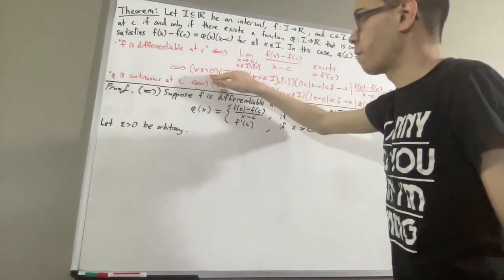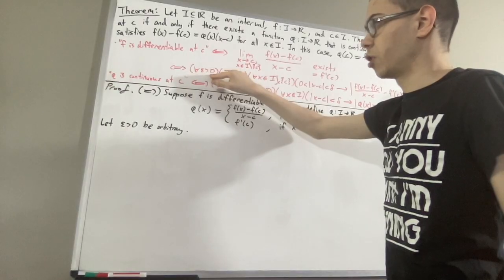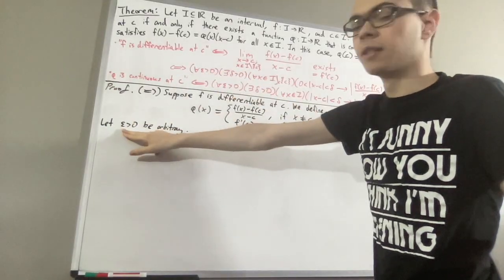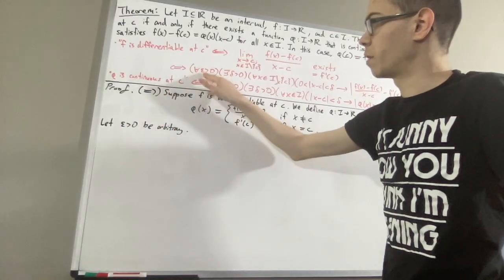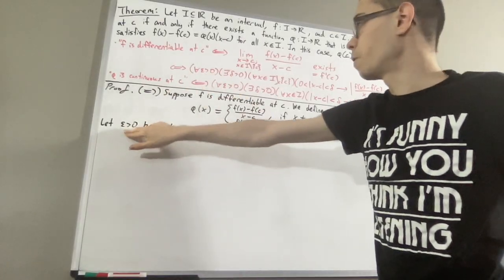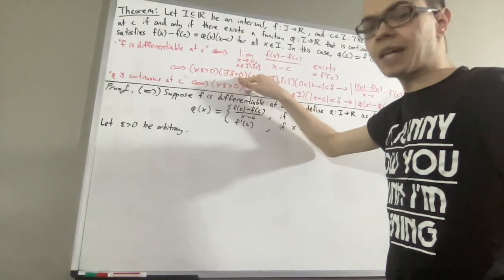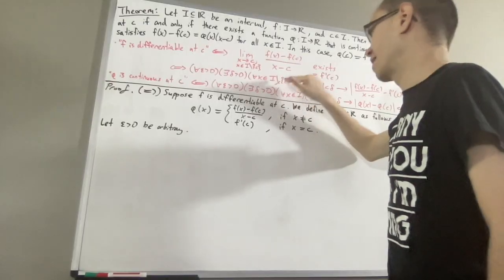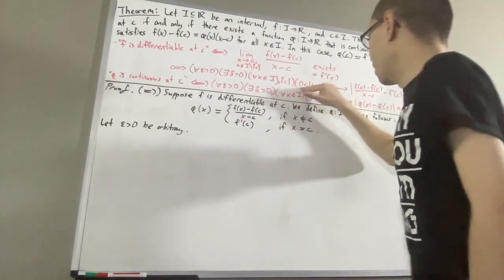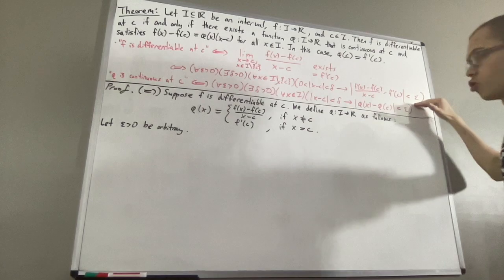And this statement works for every positive number, so in particular it must work for the positive number epsilon that we just introduced in our proof. So taking this positive number to be the epsilon in our proof, well then there exists a delta greater than 0 such that for all x in I set minus c, if this is true, then this is true.